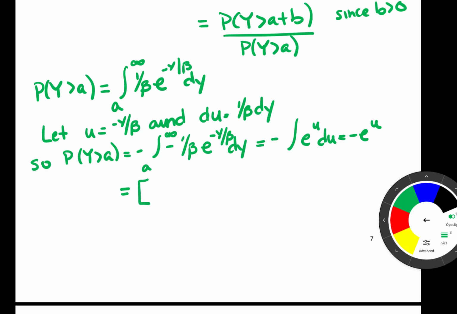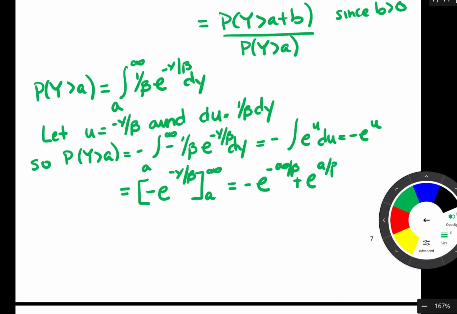Notice now, performing that integration, we have negative e to the negative y over beta from a to infinity, which is equal to negative e to the negative infinity over beta plus e to the negative a over beta, which is equal to e to the negative a over beta.